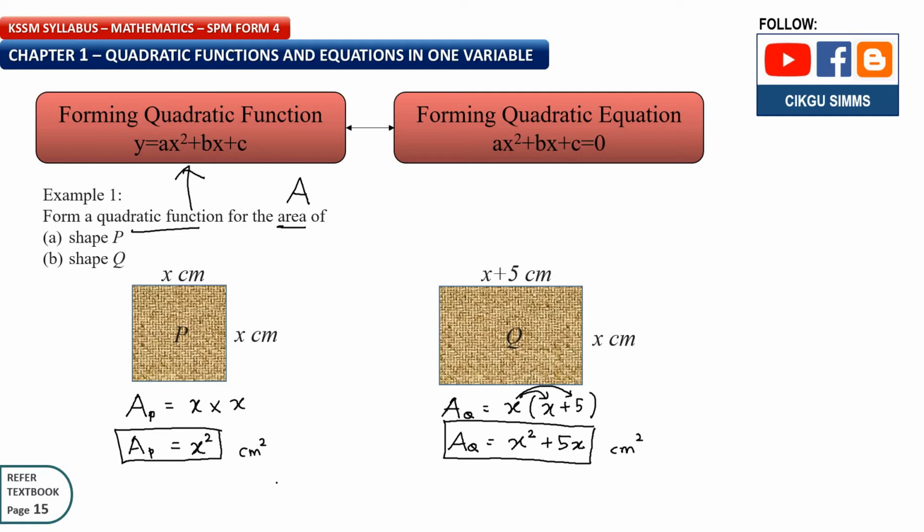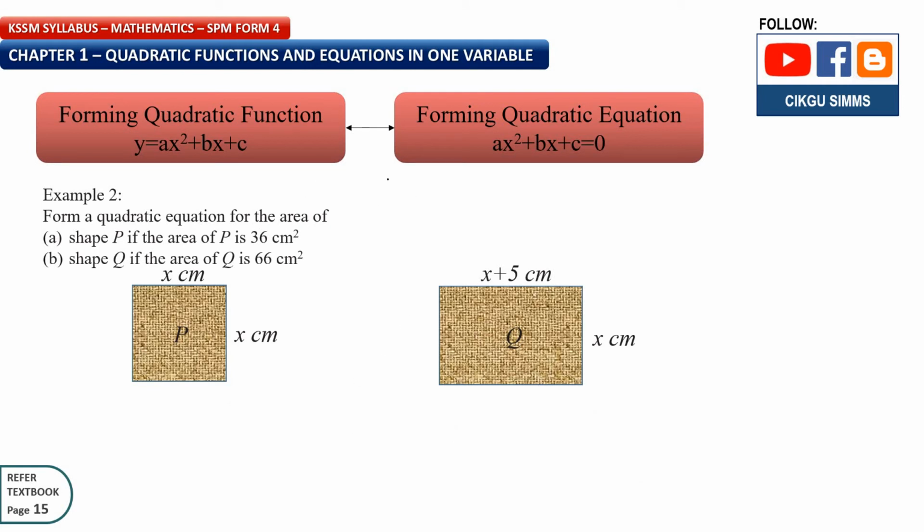So you managed to form the quadratic function. With this quadratic function, you can see the relationship between area and x. Like when x is 1, what is the value of A? If x is 2, what is the value of A?